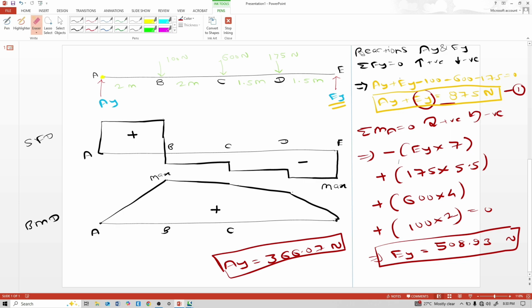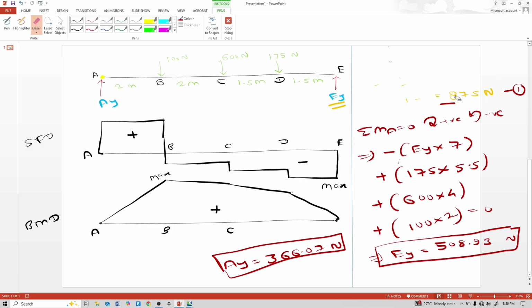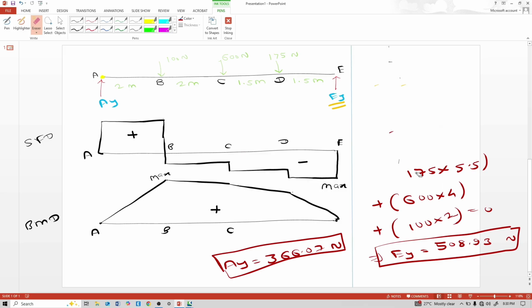So we don't need these calculations now. Our objective is achieved. Next, we will calculate shear force values. For shear force calculation we need these reactions.